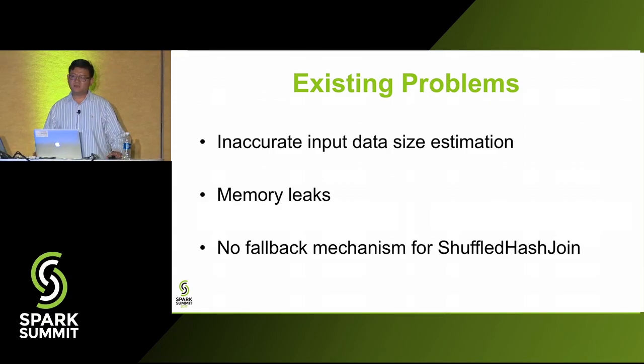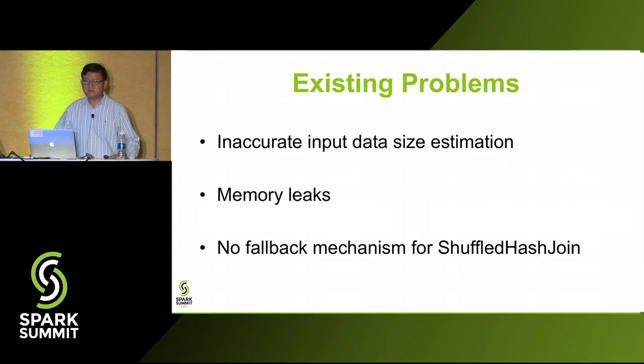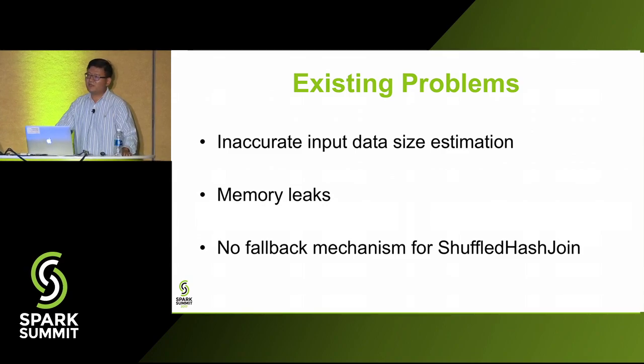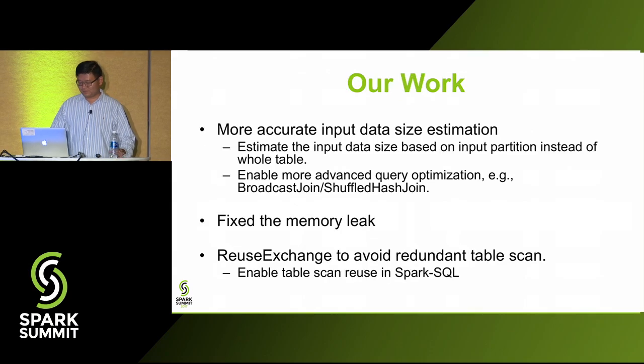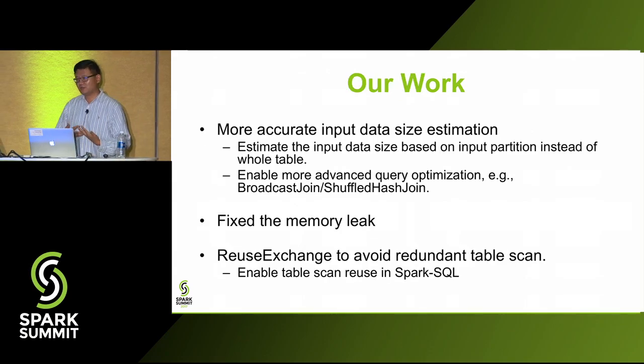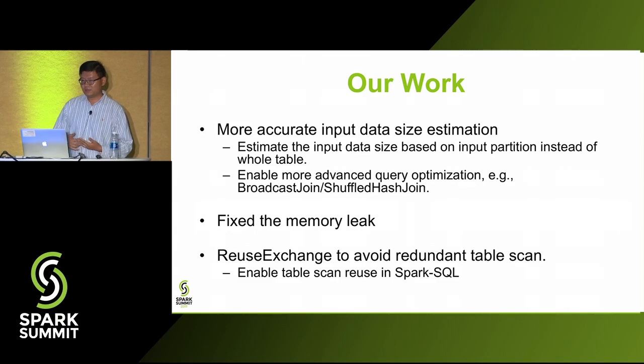If the estimation is not accurate, there's no fallback mechanism for shuffle hash join. It just goes out of memory. This is really bad for production. We can accept slowness. But if today the job is running fine and tomorrow it gets out of memory, it's not acceptable. So we made some in-house customized changes.